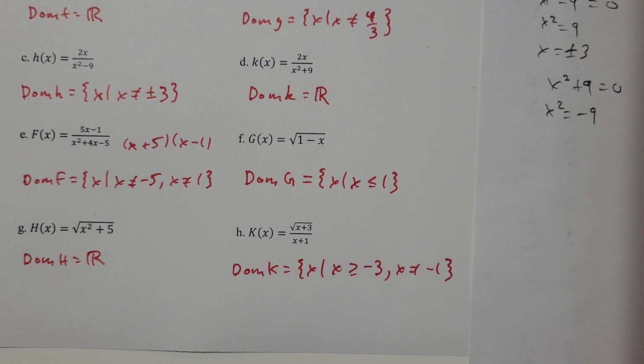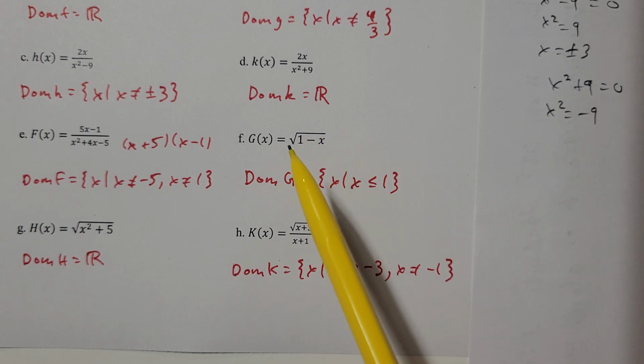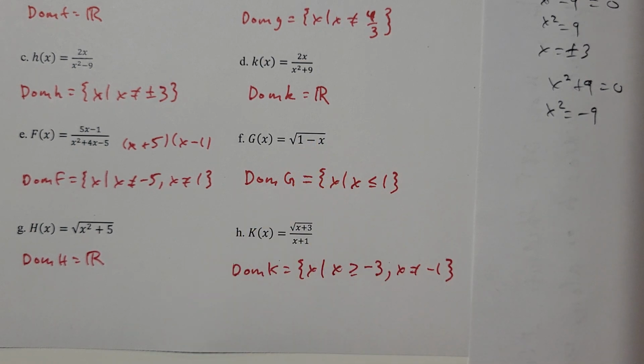Part F, we got the function g of x equals the square root of 1 minus x. So, let's see. I know by my rules of radicals that I don't want a negative overall number underneath the square root sign, because the square root of a negative is not a real number. And we're going to learn more about that in chapter 4.